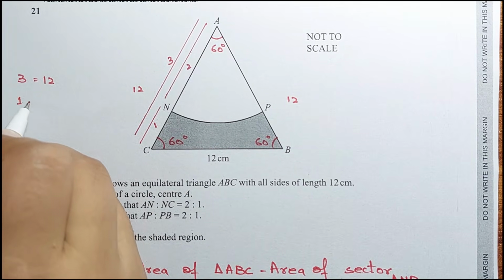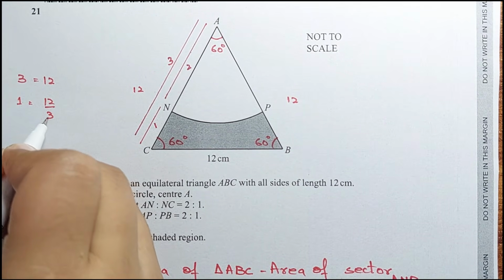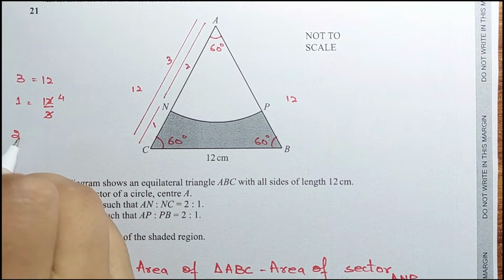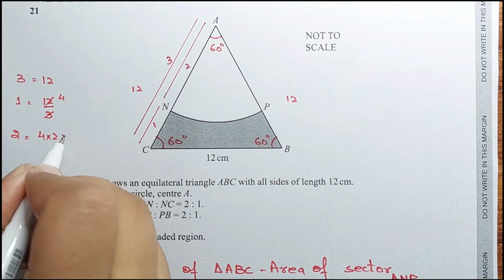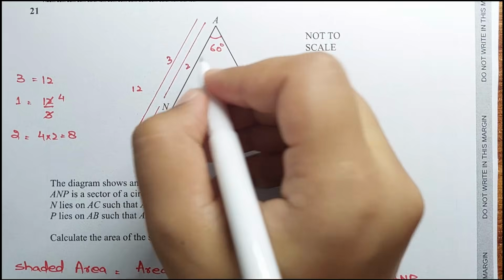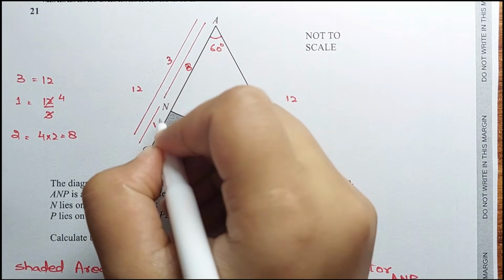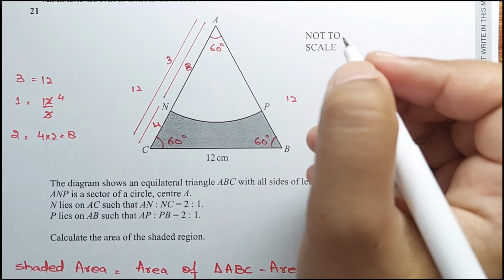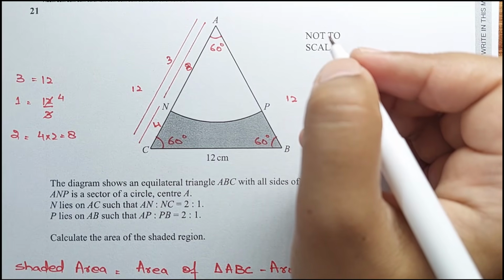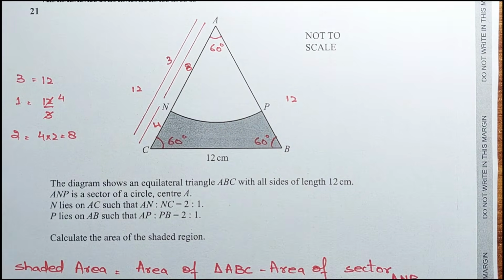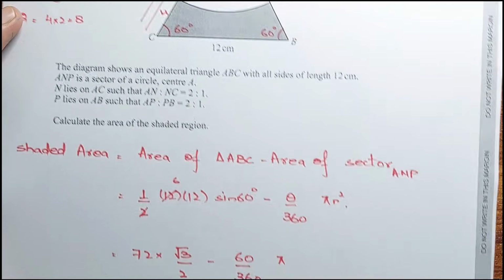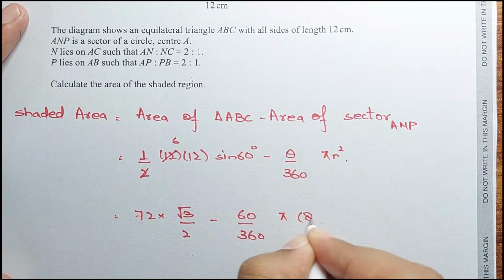What 1 represents is 12 over 3, which is 4. We need to figure out what 2 represents, which is 4 times 2, that is 8. So this length is 8 centimeters and this length is 4 centimeters. 8 plus 4 makes 12. So the radius of this arc is 8, squared.